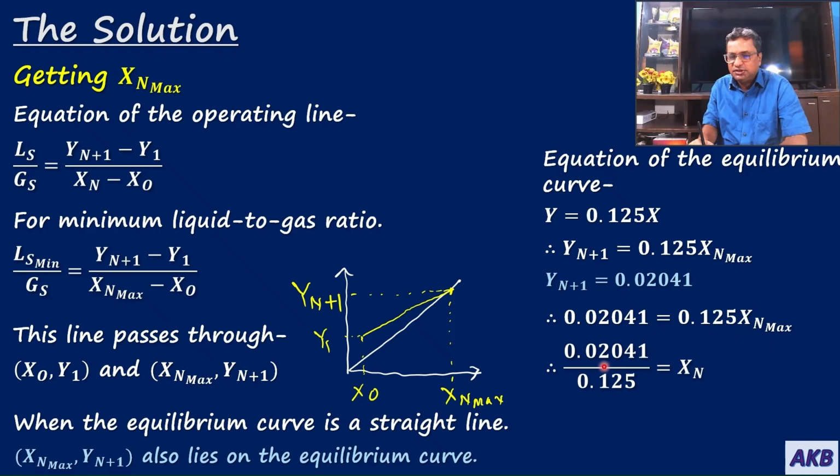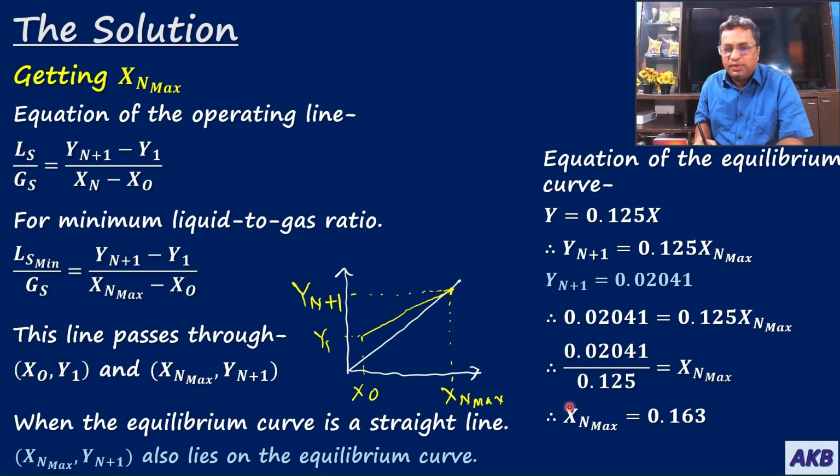That is, 0.02041 divided by 0.125 is Xn max. Therefore, Xn max comes out to be 0.163. So in this way, we get Xn max. I hope the steps are clear to you. If you have any doubts, please mention them in the comment section. Let us move ahead.